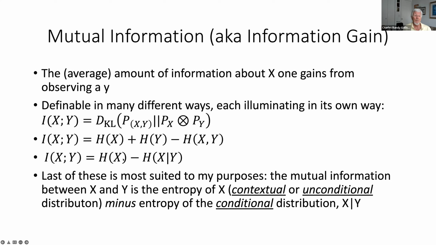And finally, we come to the form that I'll be using a lot. These are all equivalent definitions that can be shown to be identities. It's the entropy of a marginal distribution minus the entropy of a conditional distribution. So let's hasten on.